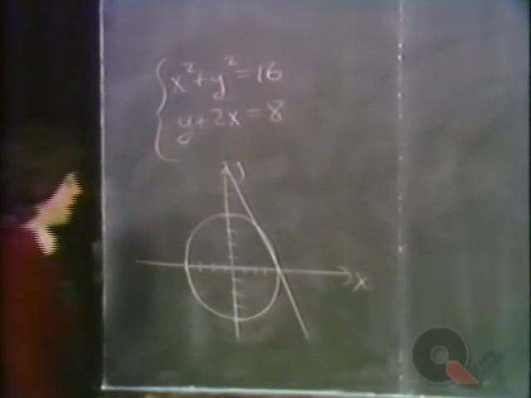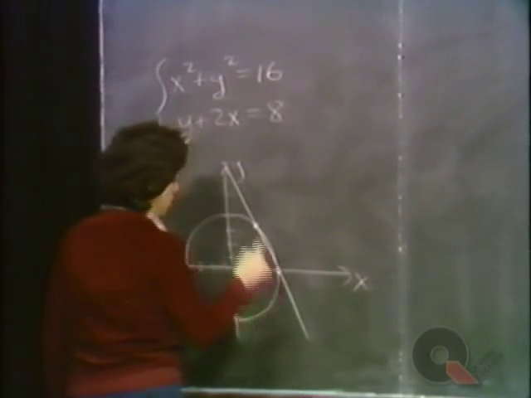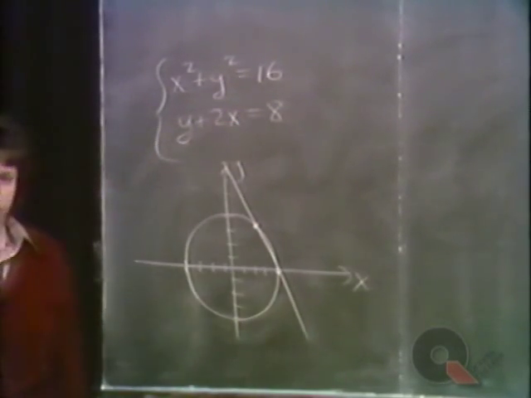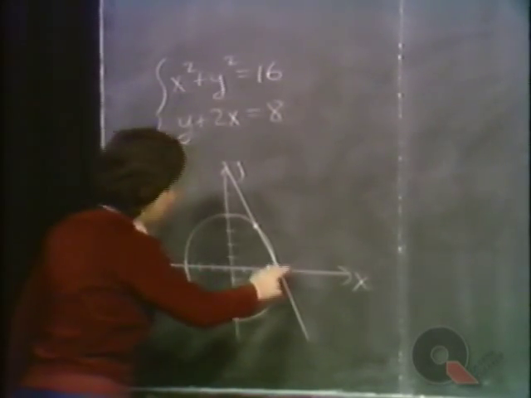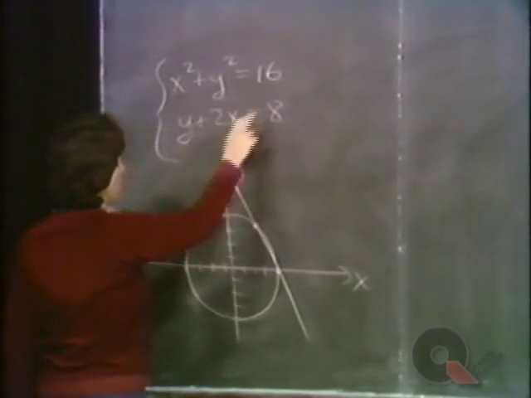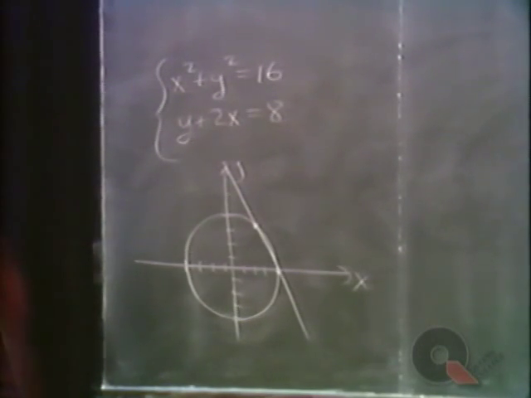And we see that we would expect 2 points of intersection. The line is cutting the circle in 2 spots. One of them is sort of easy to read off. We expect that 4, 0 would be a point here, and on that one as well. Of course it is. The other one is not that obvious.